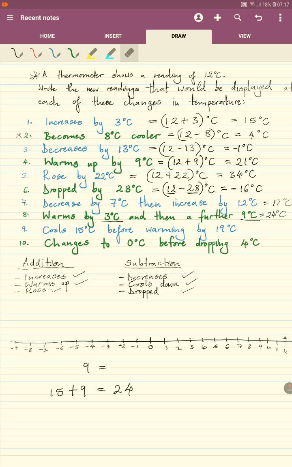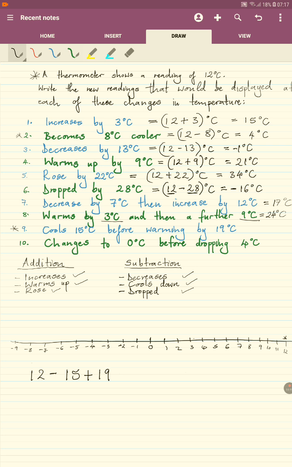Okay, let's move on to the next question. The next question, number 9, says the temperature cools 15 degrees before warming 19 degrees Celsius. So we are taking 12 as our base value. So that's 12 minus 15, and then warms up 19, which means we are adding plus 19.